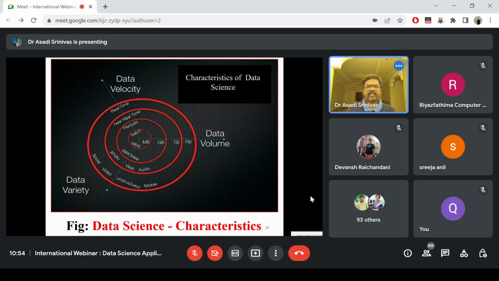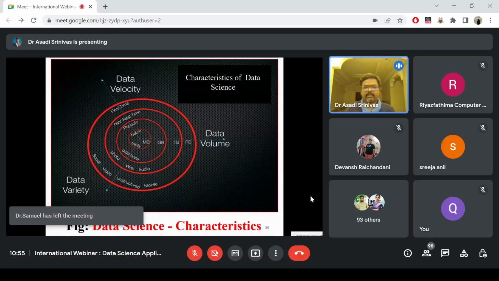Velocity means the way we are uploading and downloading the various old files, legacy files, periodic data, etc. That is called data velocity. And data variety is nothing but, daily we are dealing with various kinds of data like audio, video, text, graphics, structured and unstructured data. That is called data variety.